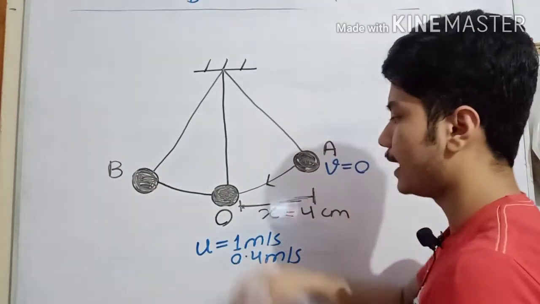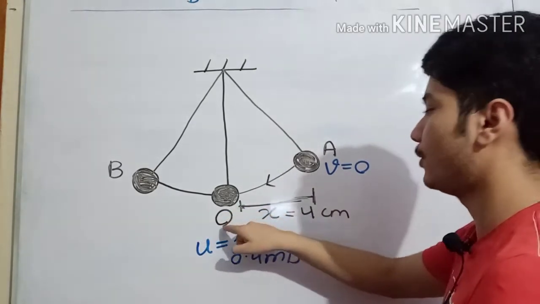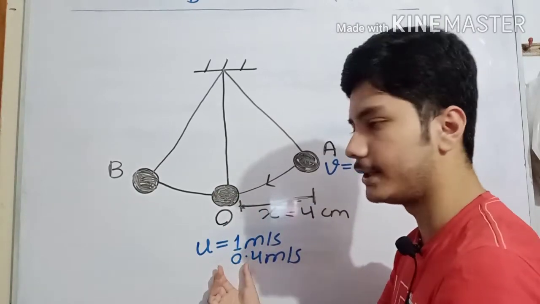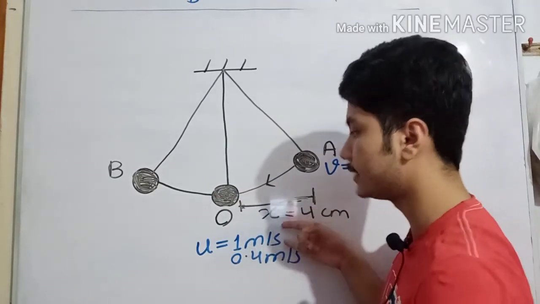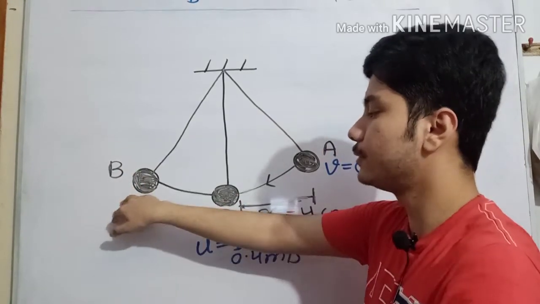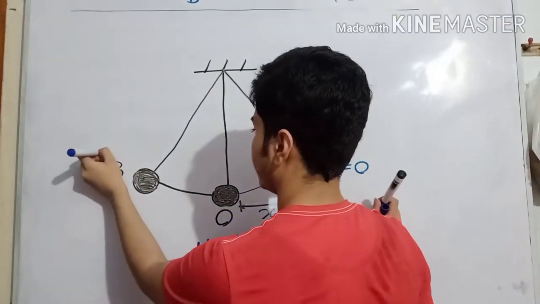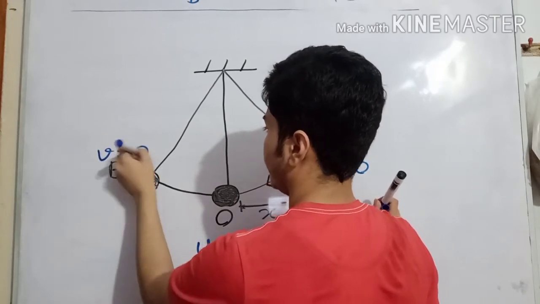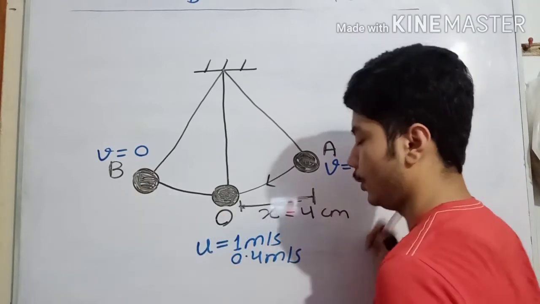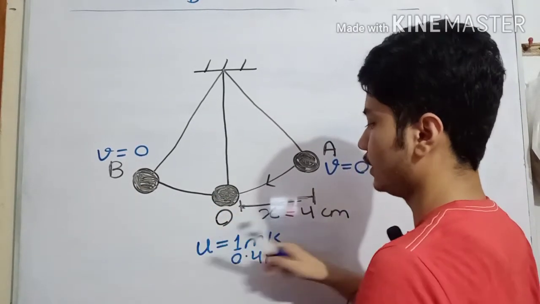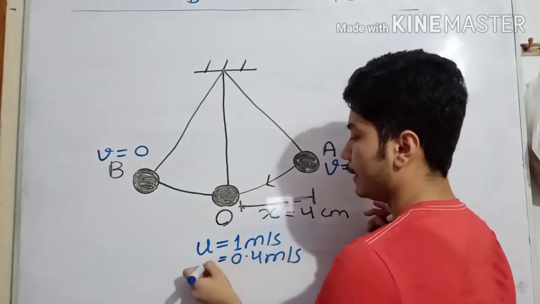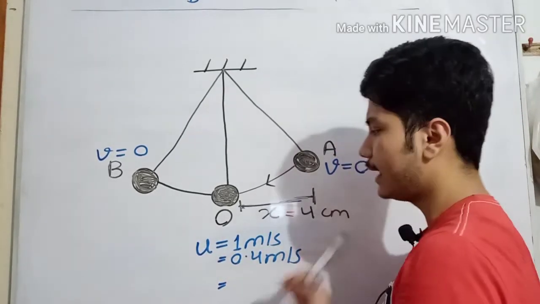First, I displaced the pendulum from O to A, and when I released it, it moved to O, and due to inertia, because it has a velocity, it will not stop here, it will move towards point B. When it moves towards point B, again its velocity becomes 0, and due to gravity, the bob will move towards O again, and when it comes towards O, its velocity again will be some value, maybe 1, maybe 0.4, maybe 0.6, any kind of velocity.